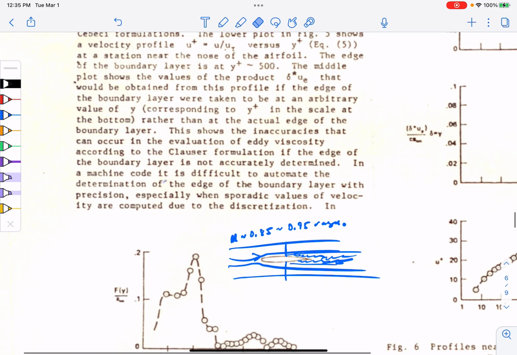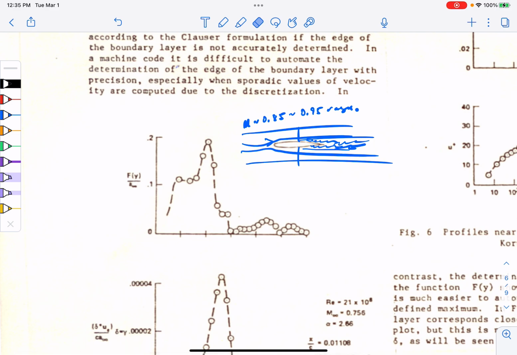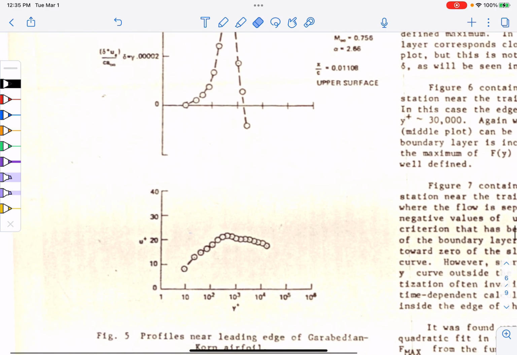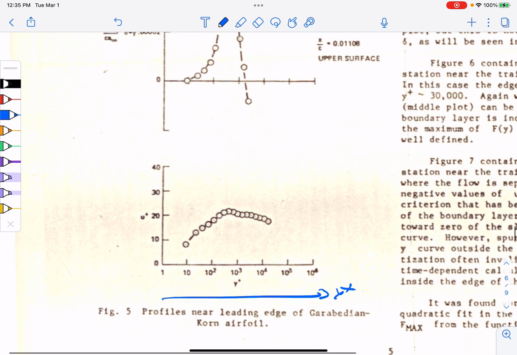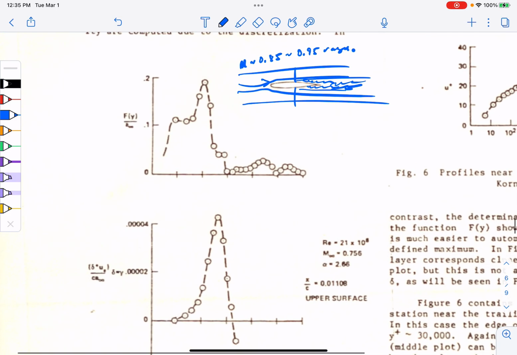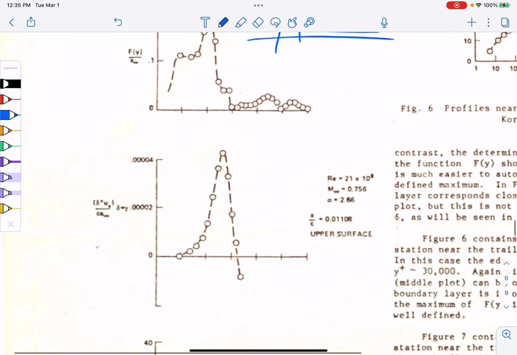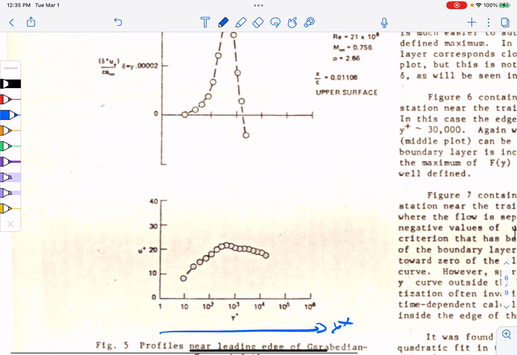So anyway, let's look at some of the results for this transonic airfoil. And I believe that this axis is y plus. So here's the y plus distance, non-dimensional, and then here's u plus. And this is near the leading edge. So if you go look at this airfoil, these predictions are up here near the leading edge. So things are pretty well behaved, but you can see this doesn't look like a typical composite profile at all.